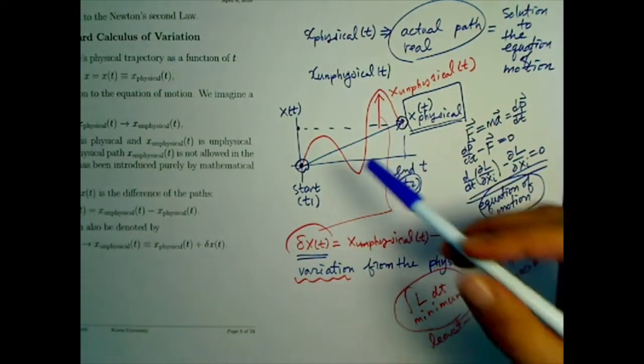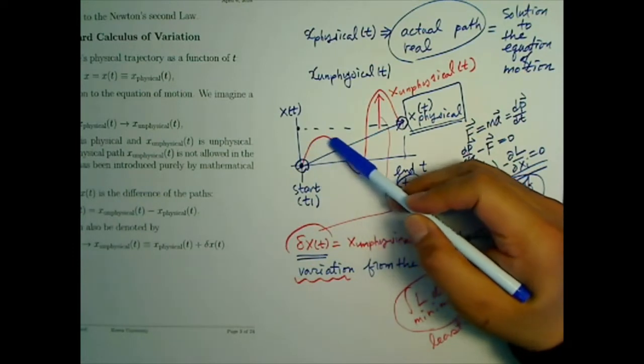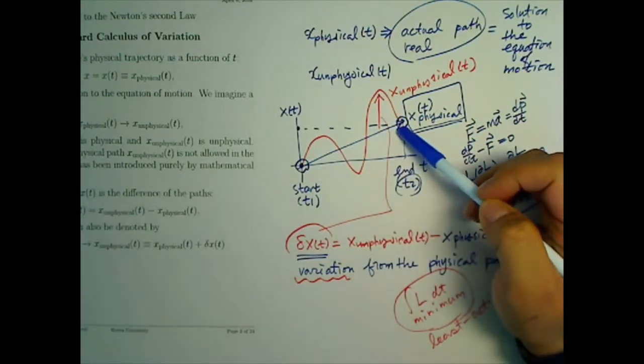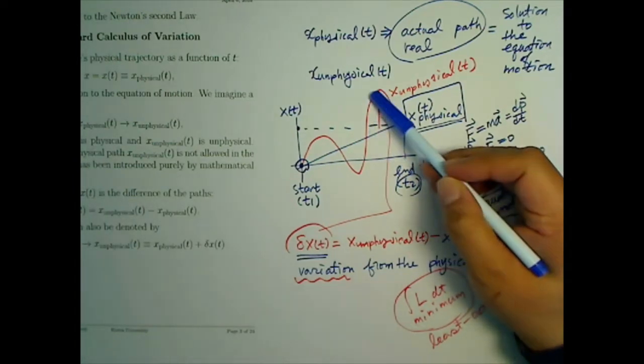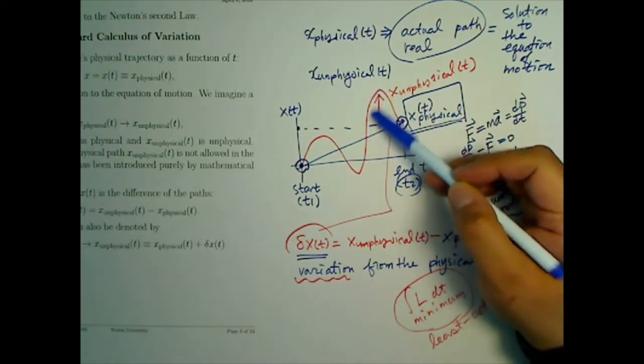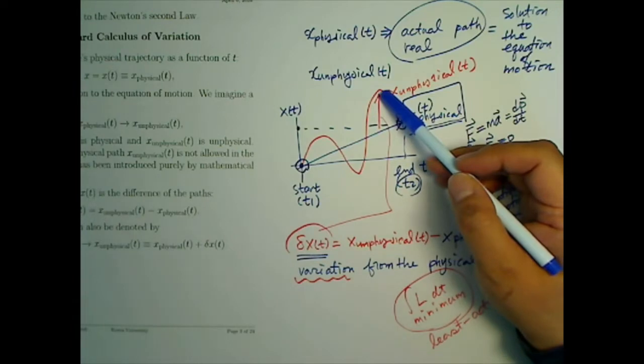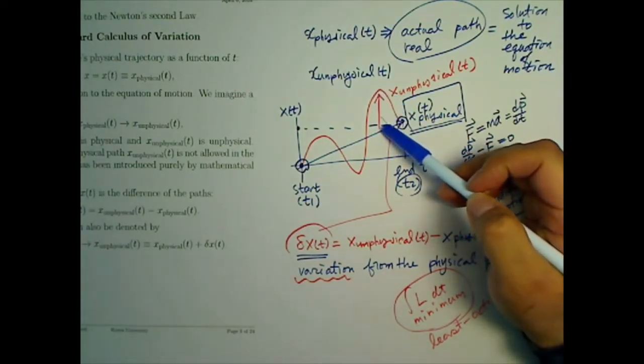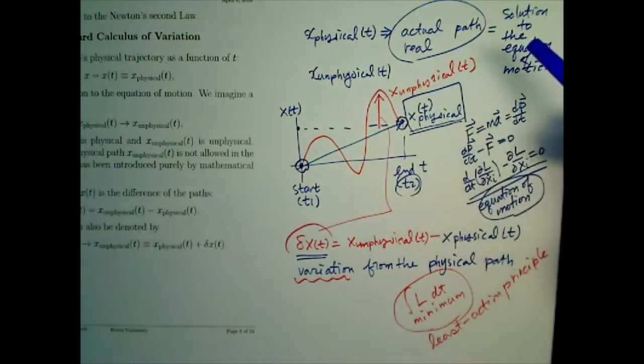However, let's assume it is moving differently from the original physical path. The amount of shift, the unphysical path subtracted by the physical path, is called delta x. This delta x is the variation from the physical path to the unphysical path.